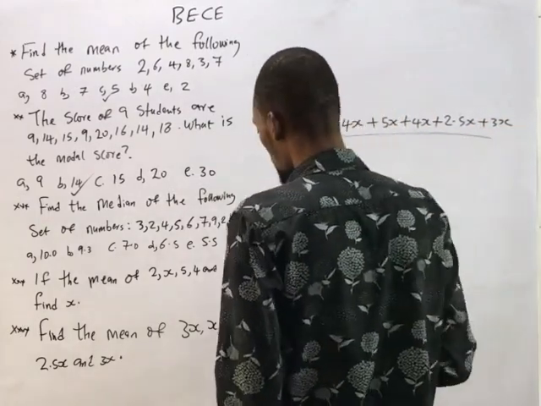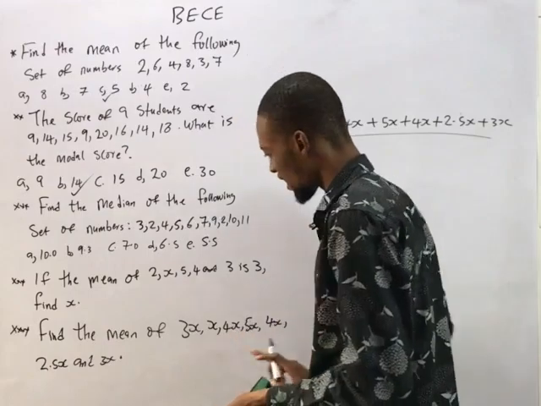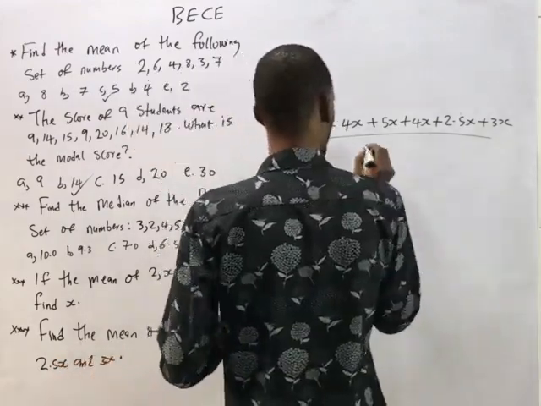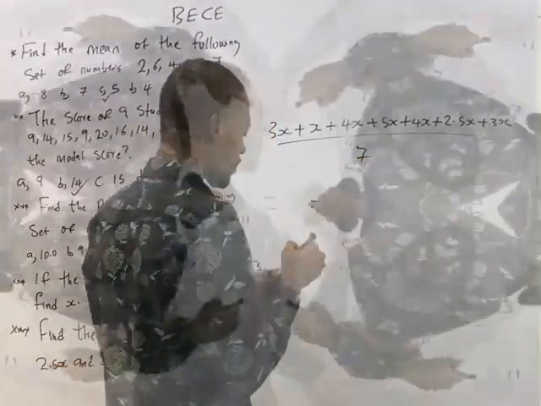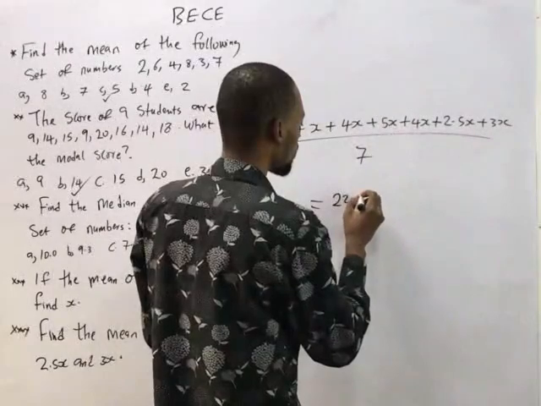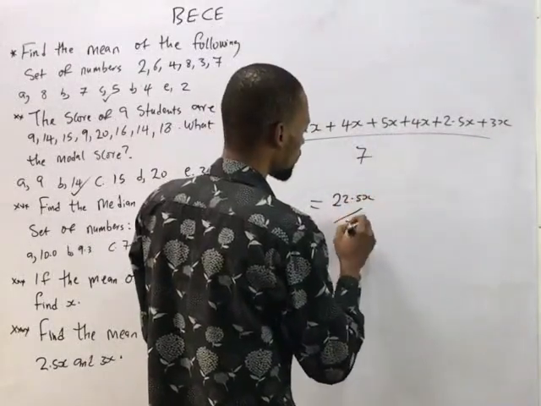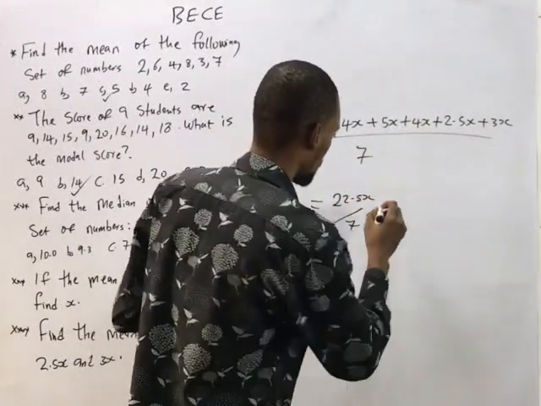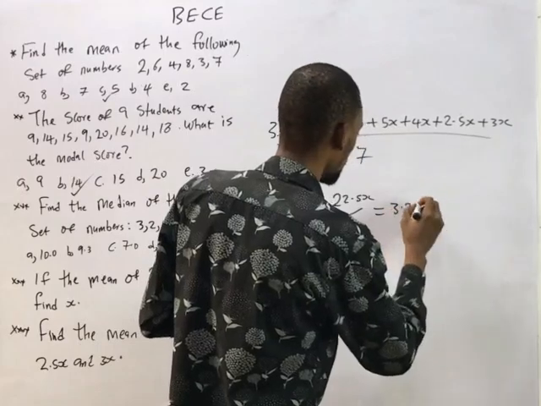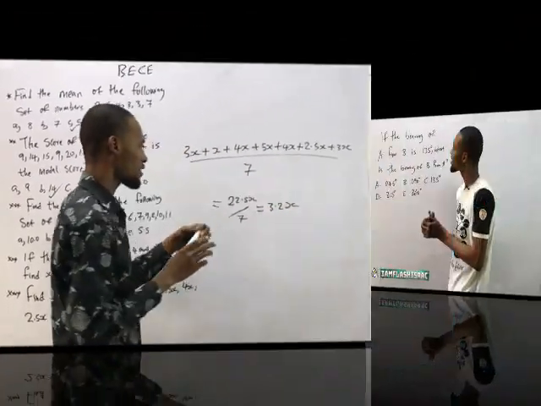And how many are they? 1, 2, 3, 4, 5, 6, 7. So they are 7, over 7. So this will give you 22.5s over 7. That should give you 3.2 or something s. So that's the value.